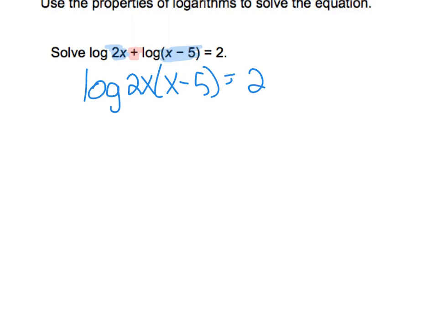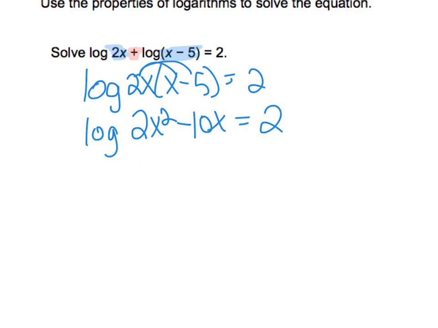equals 2. In that step, all we did was we took the two terms that were being added together and condensed them back together using our properties of logs from the other day. Then I'm just going to multiply that 2x through, and I'm going to get the log of 2x squared minus 10x. Again, all I did was I multiplied that 2x all the way through, equals 2.